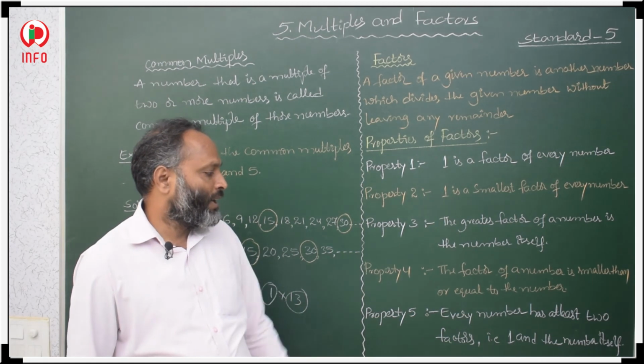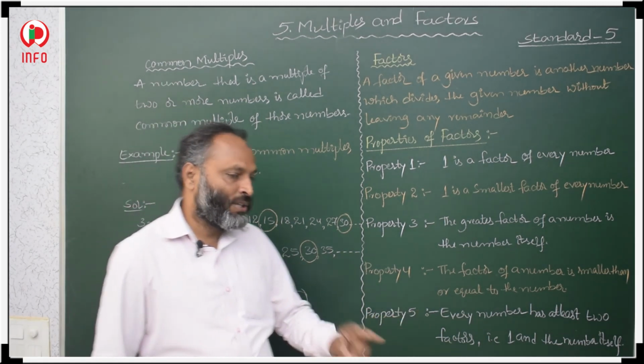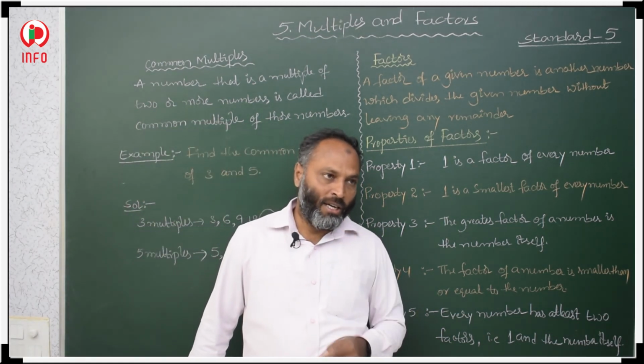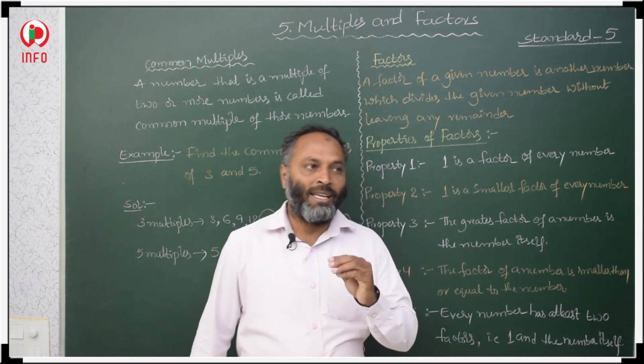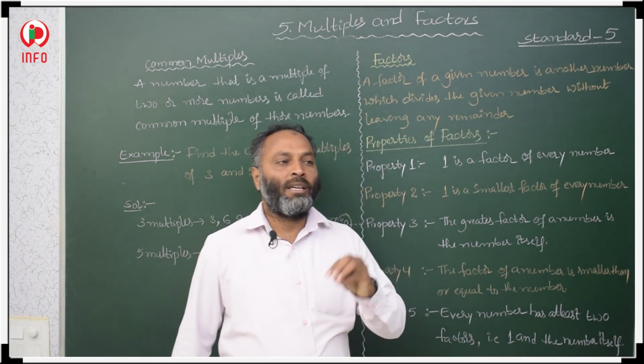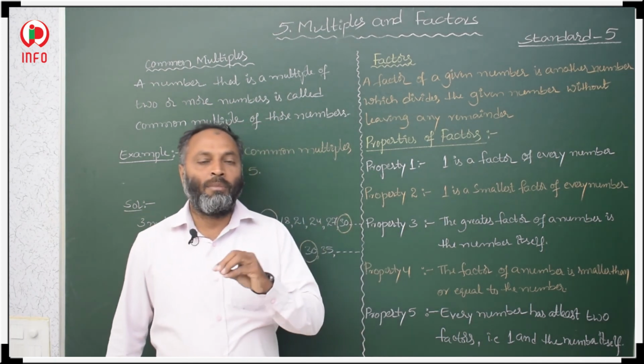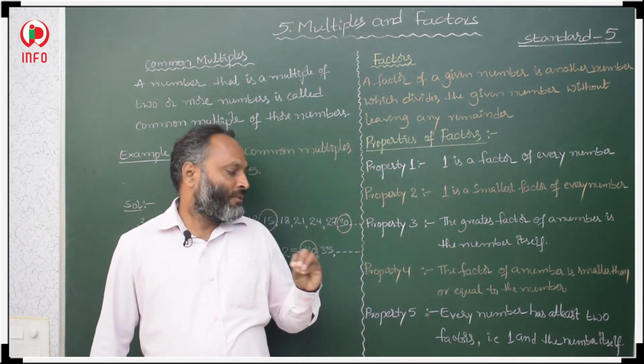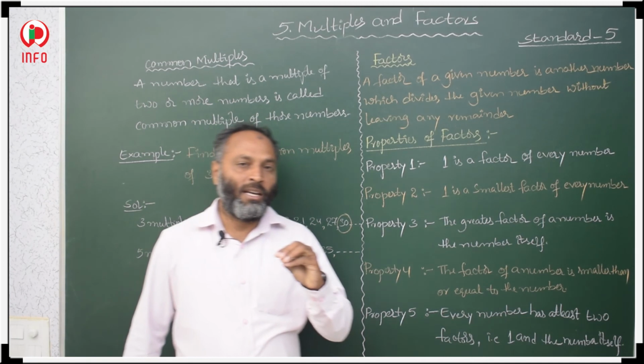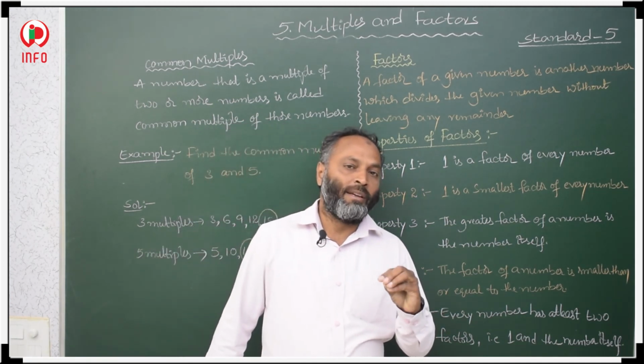Then fifth property, every number has at least two factors. Either it is a prime number or a composite number. So whatever non-zero number is there, it has at least two factors.